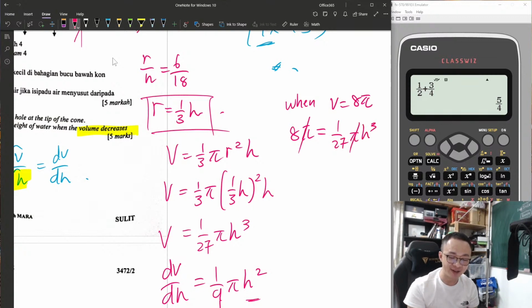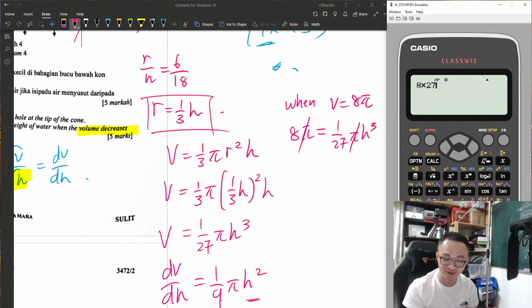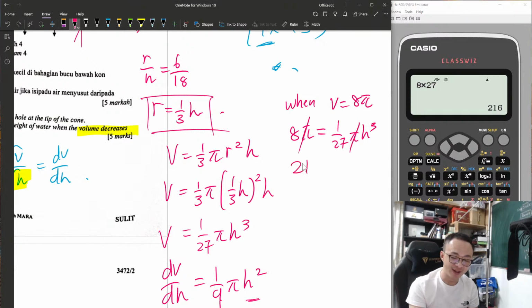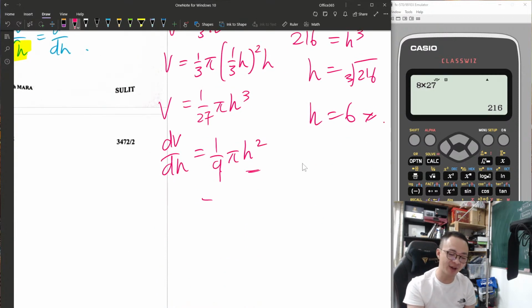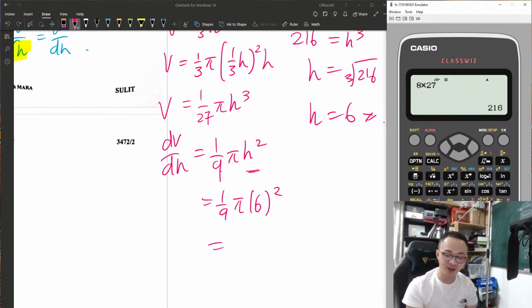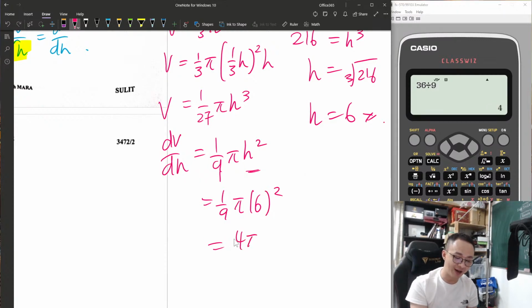Pi and pi I simplify. 8 times 27 is 216, which is h cubed. Then h equals the cube root of 216, so h equals 6. After I got h equals 6, the whole thing becomes very easy. This is pi times 6 squared. 6 squared is 36, so 36 divided by 9, I got 4 pi.